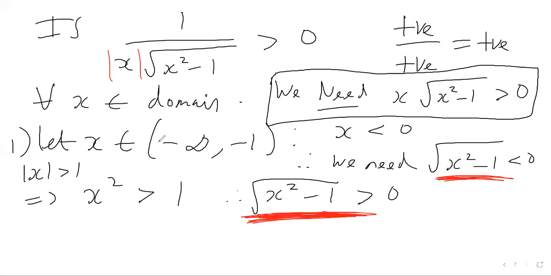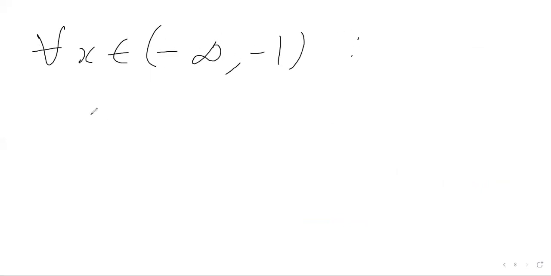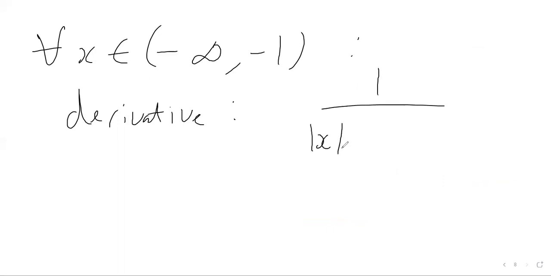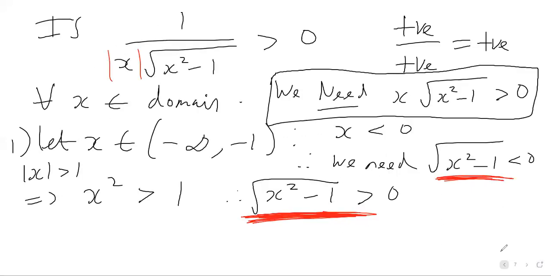So therefore, for all values of x in the negative part of the domain, the derivative of the arcsec function is going to be 1 over the modulus of x times the square root of x squared minus 1.